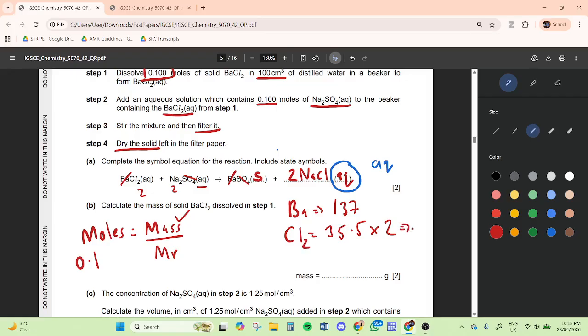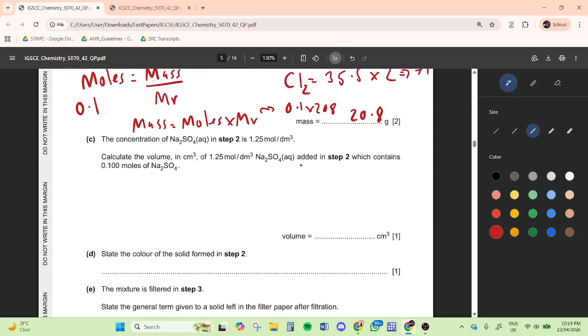That will give us 71. So the mass is going to be moles times MR, which will give us 0.1 times 208, which is a nice clean 20.8 grams. All right, let's move forward.